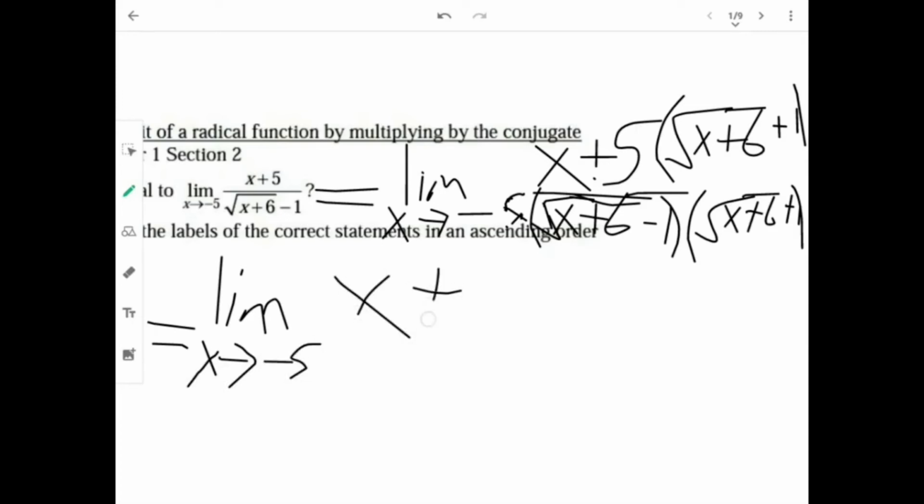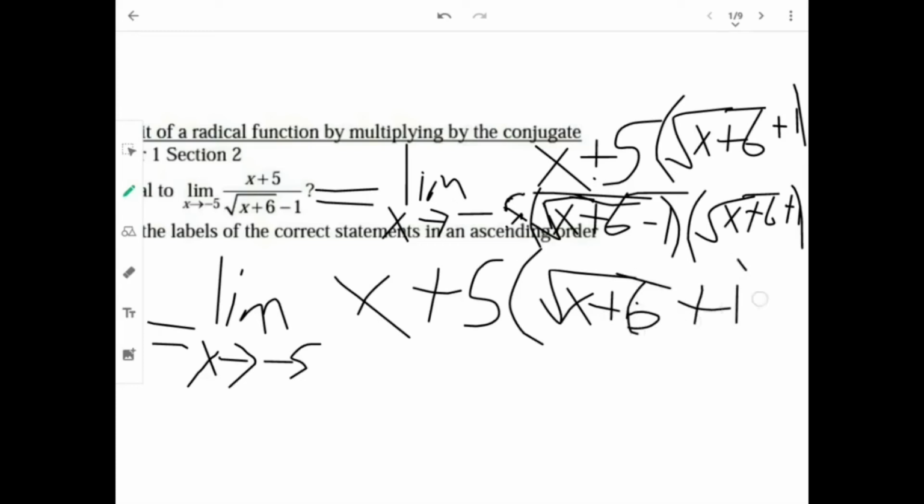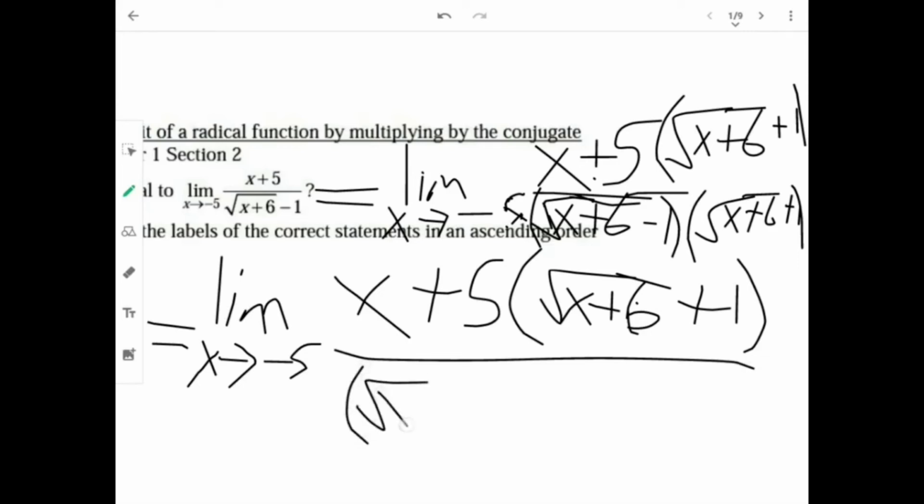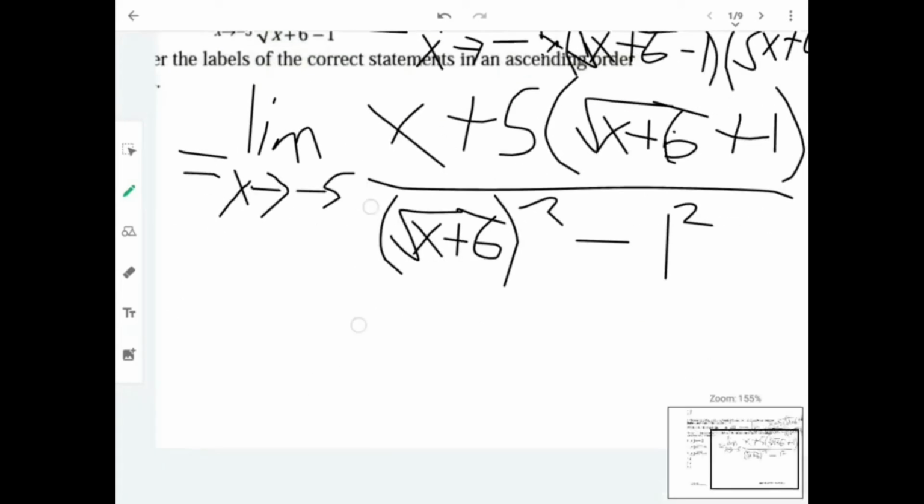So (x + 5) into (root(x + 6) + 1) over (root(x + 6))² minus 1². Difference of two squares.